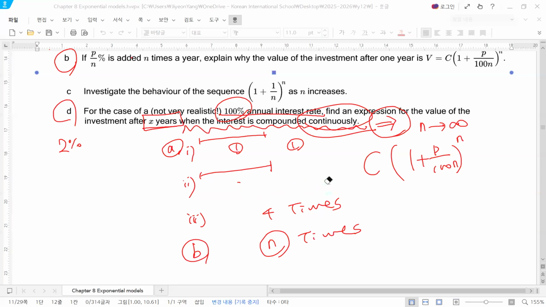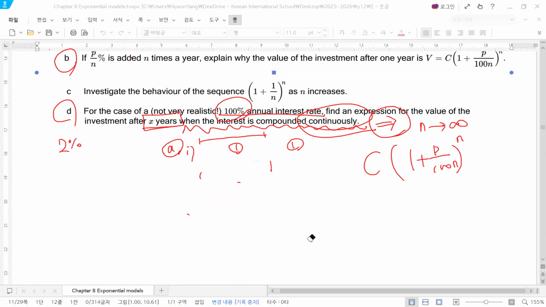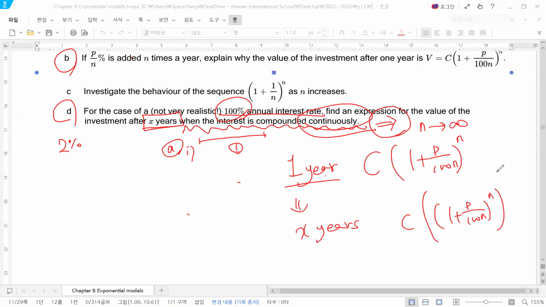I'm going to erase this part. It's 1 year, guys. So after X years, it's C(1 + P/100n)^n to the power of X. Wait for a second.